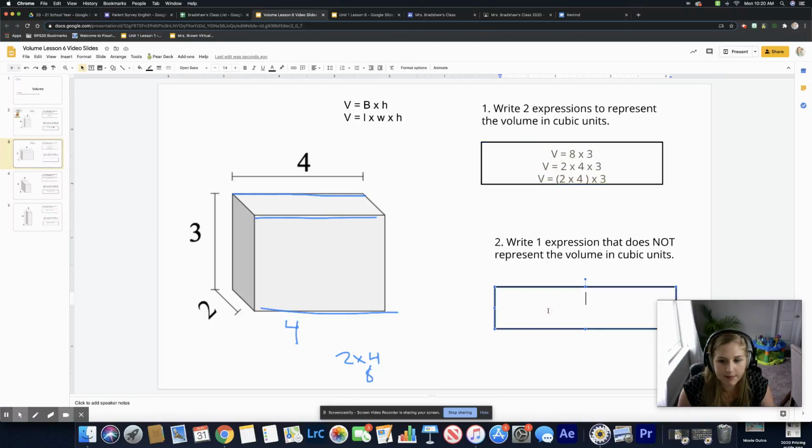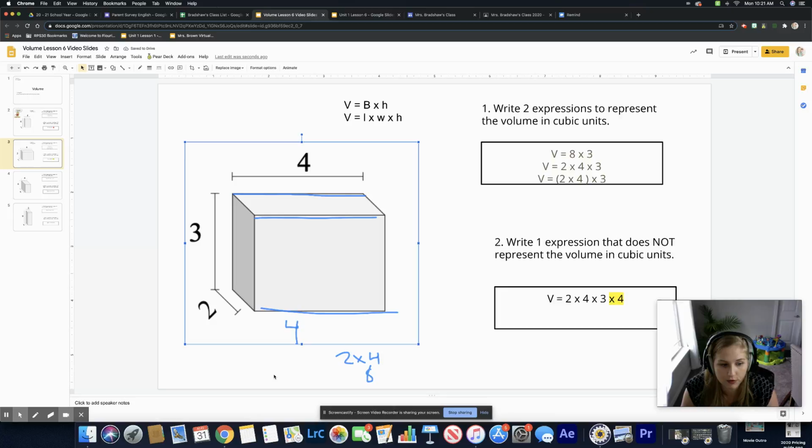A non-example, remember, is something that is not correct. So volume equals length times width times height times an extra number, which, remember, is trying to trick you because it included 2 4s. So really, you would not need this extra 4. So this one here is not correct. It's that non-example.